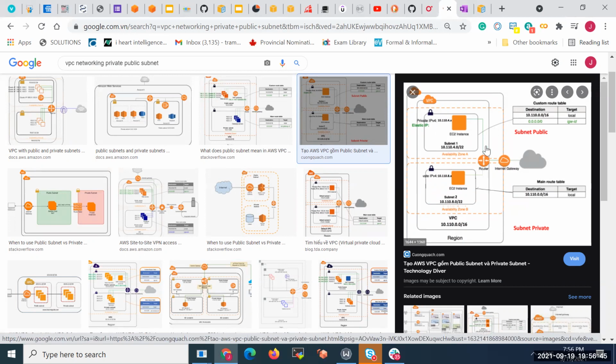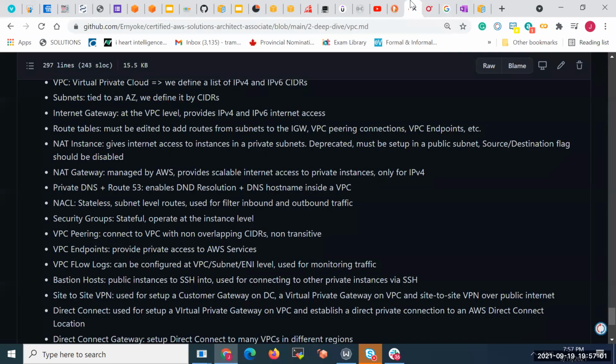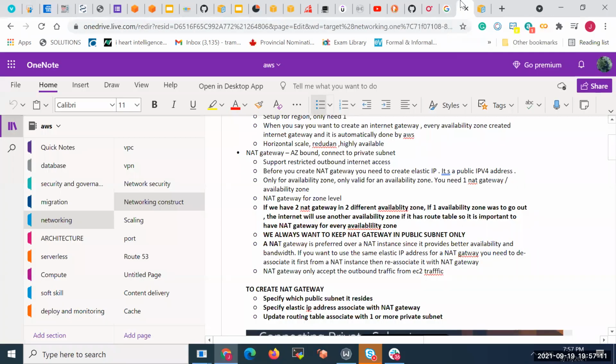So we have the concept of region here, and in each region we have availability zones. Sorry, I keep repeating the same point, but it's crucial: the more I repeat, the more you will remember. Next time you show up in the database class, you'll say, I remember this, Jen told me.